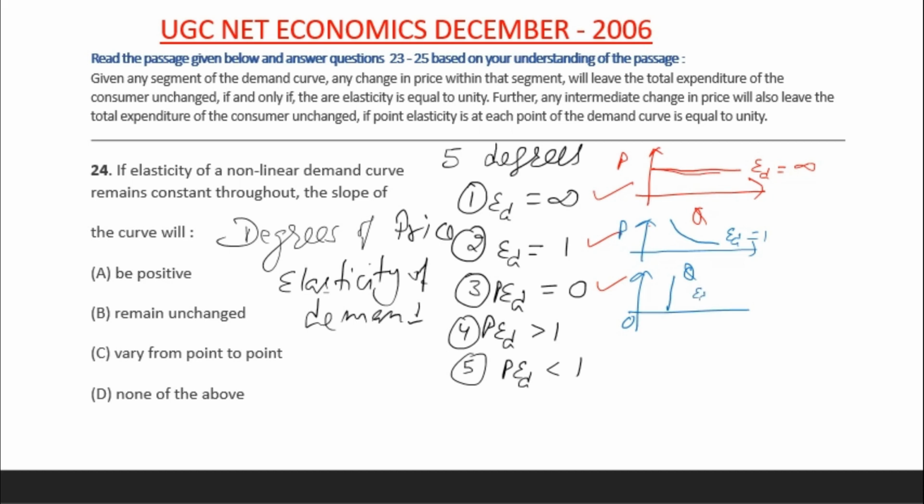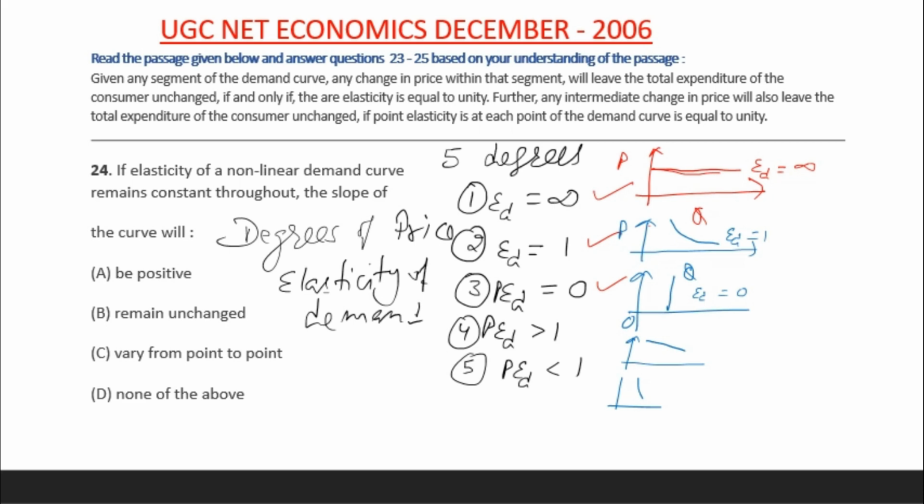This means ED is equal to 0. And last, these two: the fourth is a relatively flatter demand curve, and the fifth one is a relatively steeper demand curve. So there is an inverse relationship between slope and elasticity.